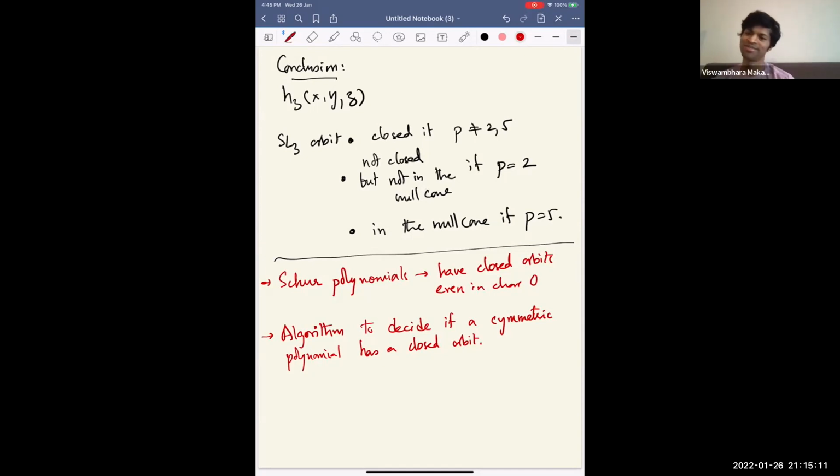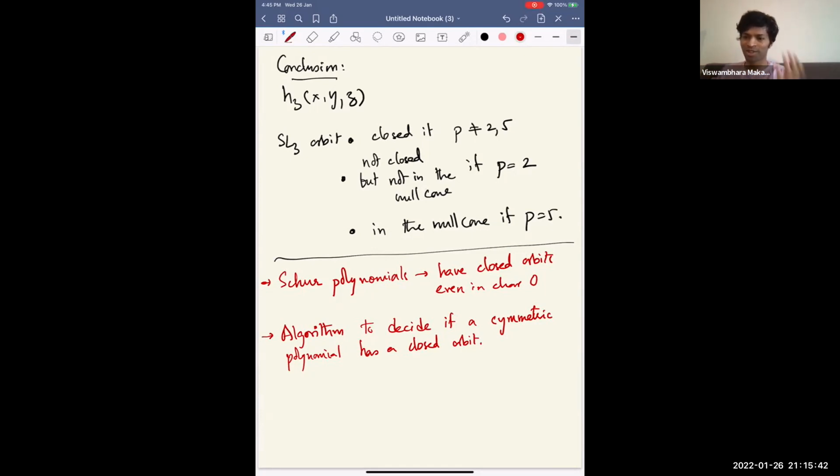Yes and no. The moment map has its own disadvantages and advantages. The moment map has the disadvantage that you can't use it in positive characteristic. But at the same time, here's the main difference. In this approach, at least, if it works out at the end and you're able to do the computations by hand or with a computer, it doesn't matter how, at the end of it there's going to be a conclusion.